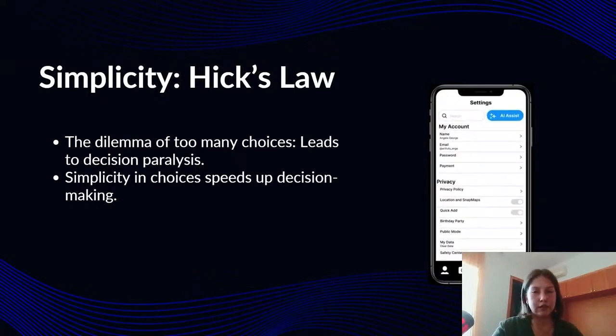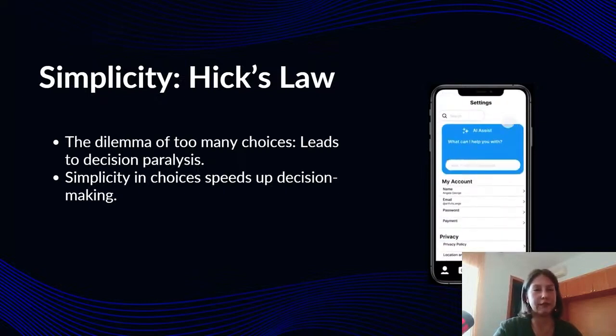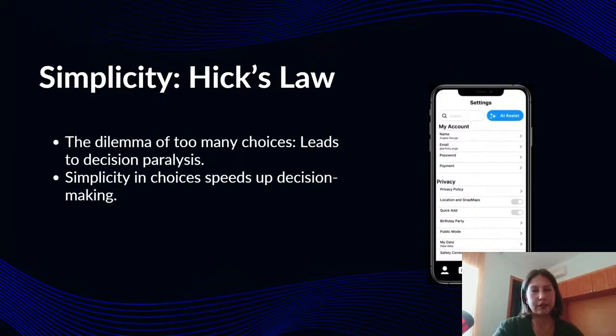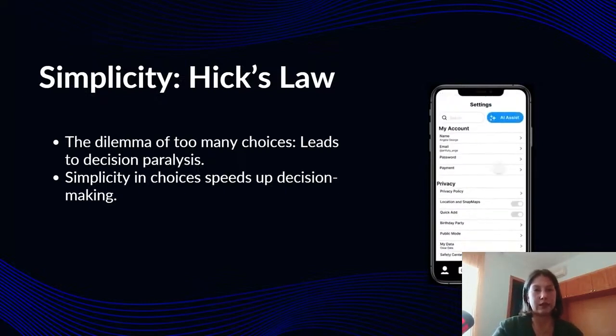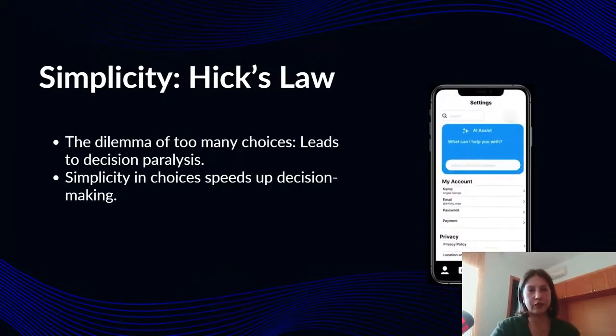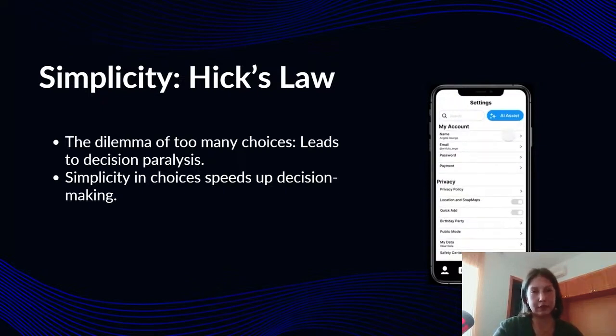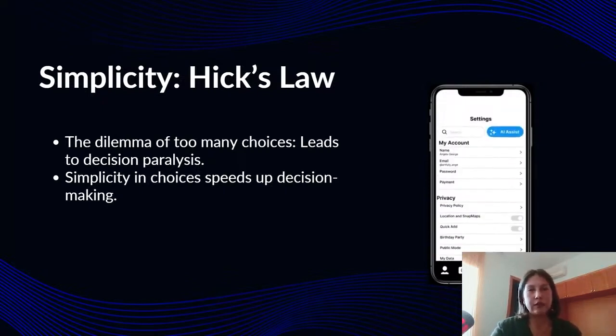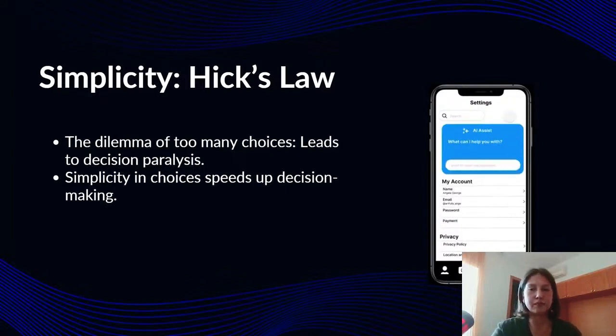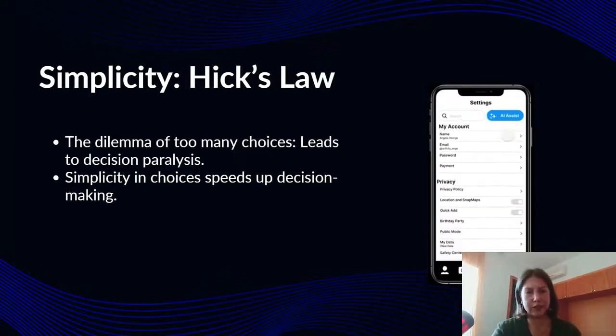For the user, it's less likely that he will make a choice while he is on this page. So when you make a page, you need to make it as simple as you can, so that the user does not have to make choices and too many decisions.